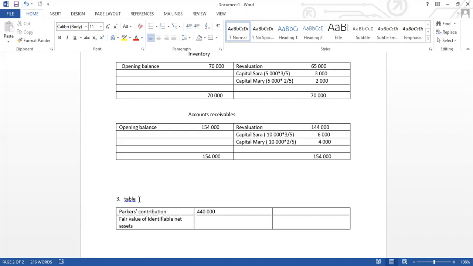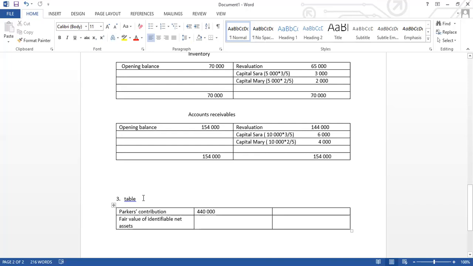So the first thing that we need to do, we need to calculate our consideration amount, and then we calculate our fair value of identifiable net assets, then we can get our goodwill.